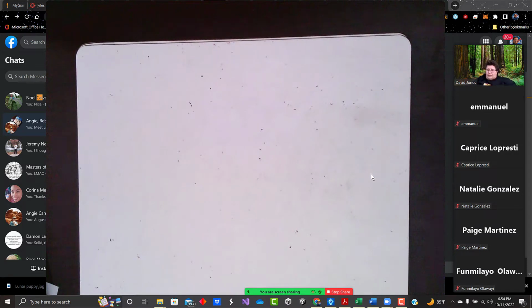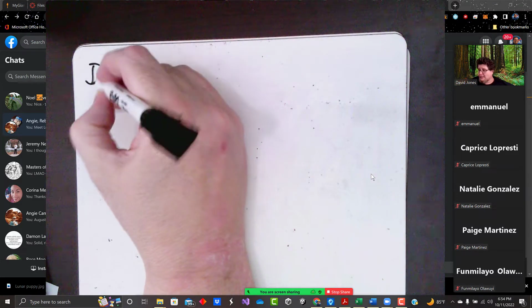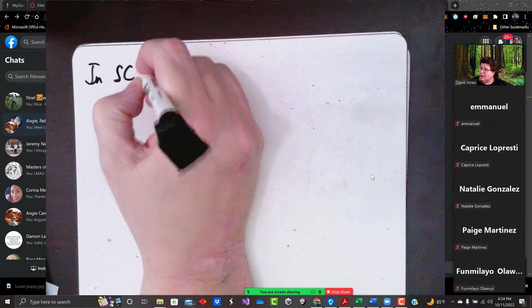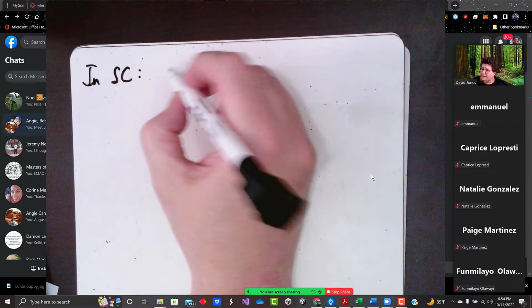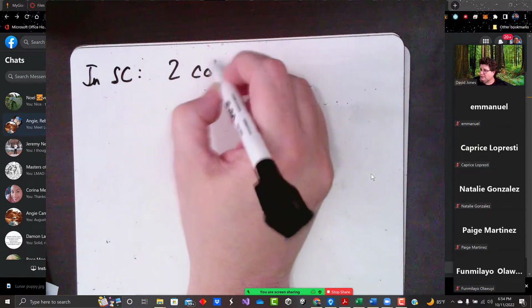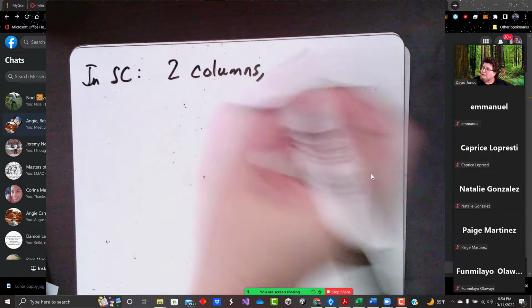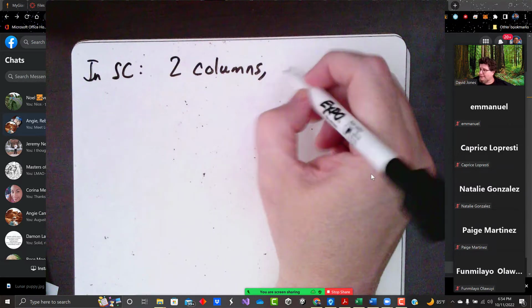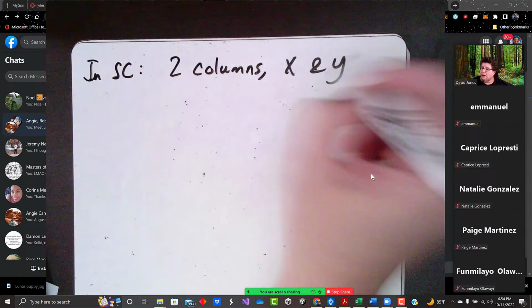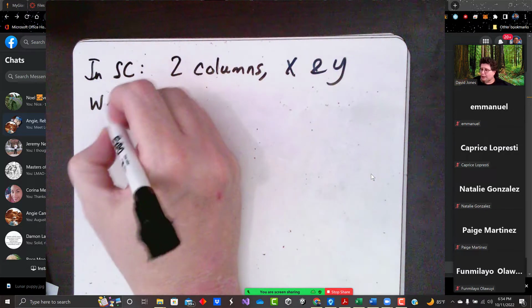So, if we've got data in a table on StatCrunch, we've got 2 columns, and we label them X and Y. We can do a scatter plot.